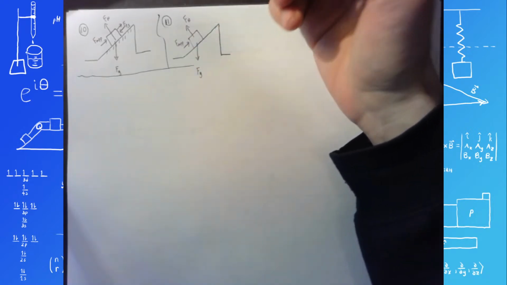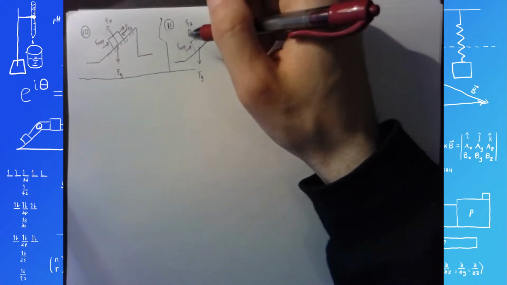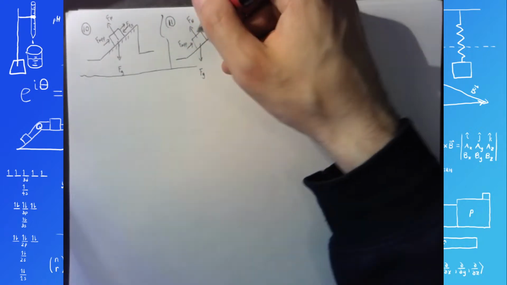In case I didn't mention it before, the direction of the applied force is just supposed to be given in the problem, unless it's a problem where it's specifically asking you how much force and in what direction must you apply in order to get whatever situation the problem is asking you to fulfill. But outside of that, you will typically just be told which direction the applied force is, or they might just draw the diagram for you in the problem itself. So the direction of applied force is just wherever the problem says its direction is.